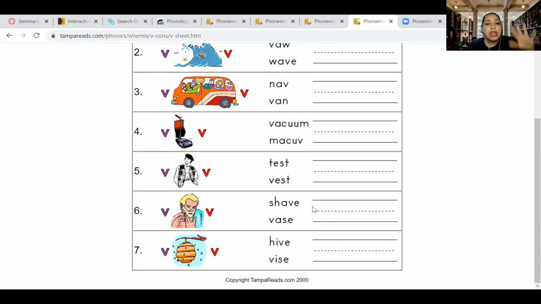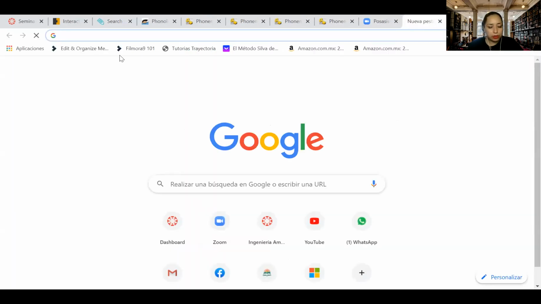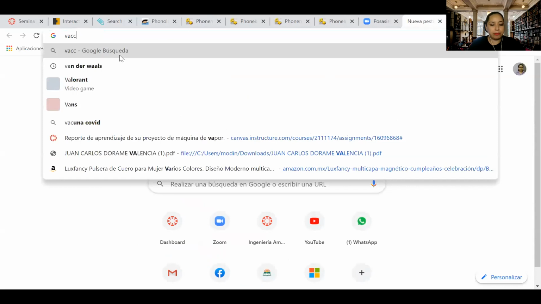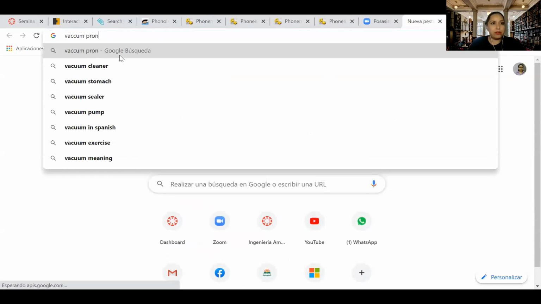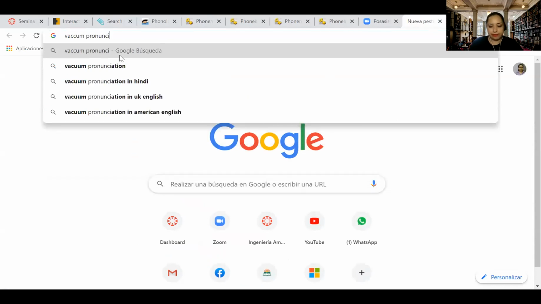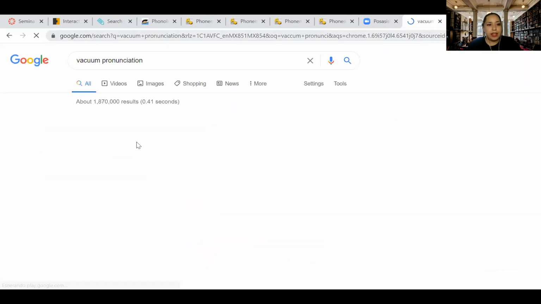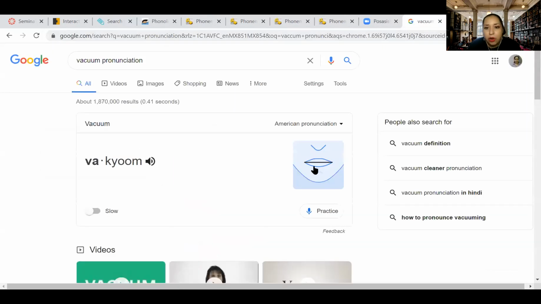Practice all of them. If you don't know how to pronounce them, there is such a nice thing on Google. You can say, for example, vacuum pronunciation. And it gives you this, and it also shows you how to do it. You can either click on the speaker over there or you can click on the picture.